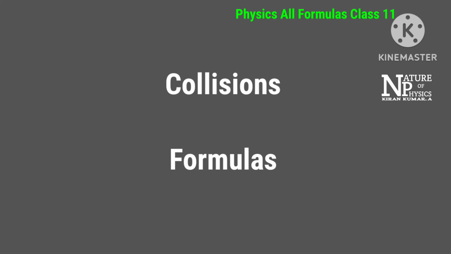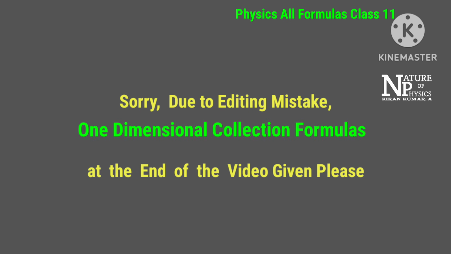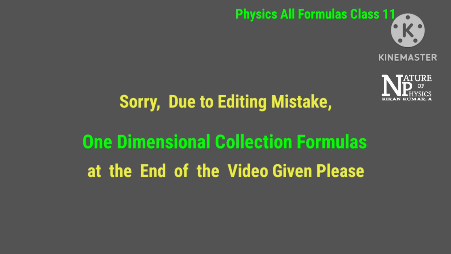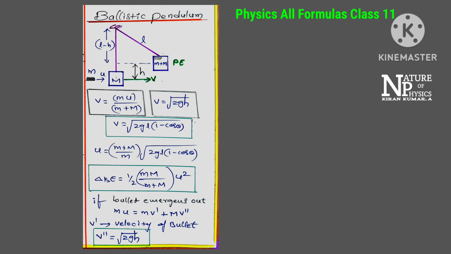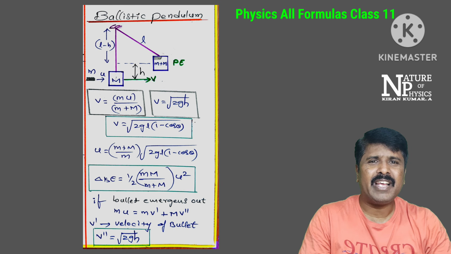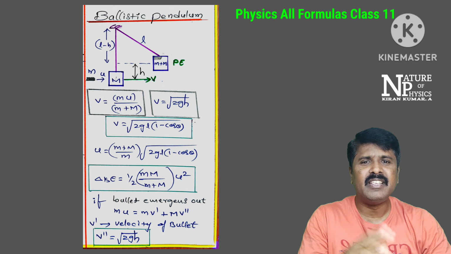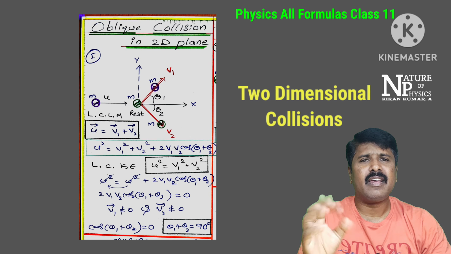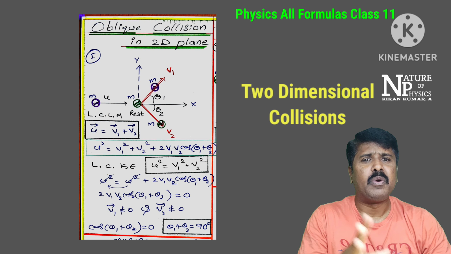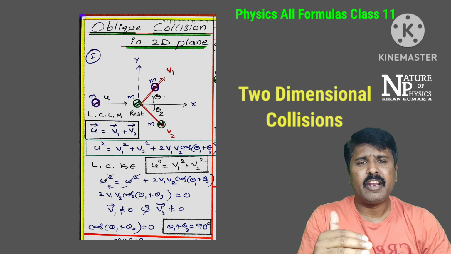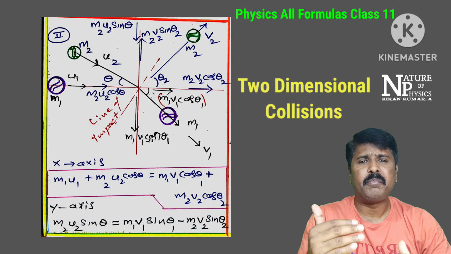And next one is collision. And next one is the ballistic pendulum. Initial velocity, final velocity, and change in kinetic energy are clearly given, and oblique collision in a 2D plane also, with 3-4 example diagrams given perfectly one by one.